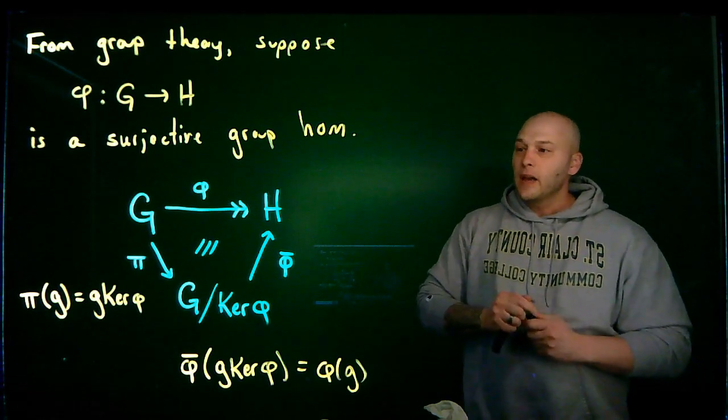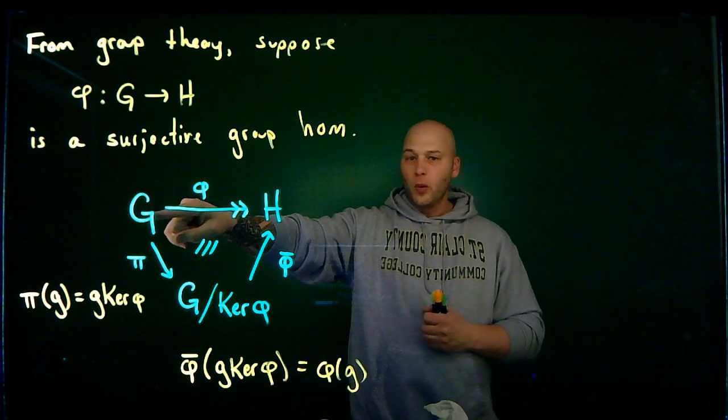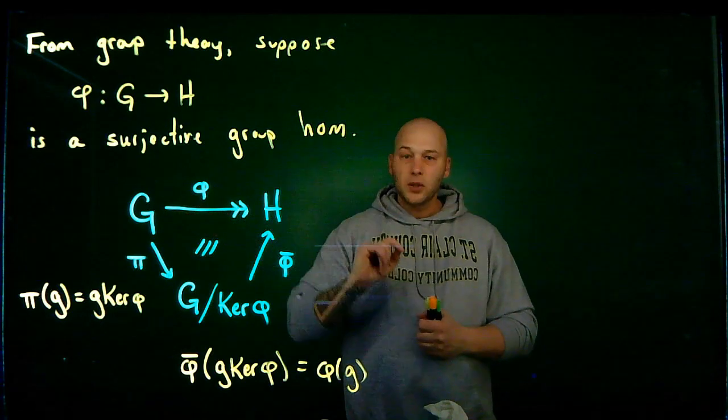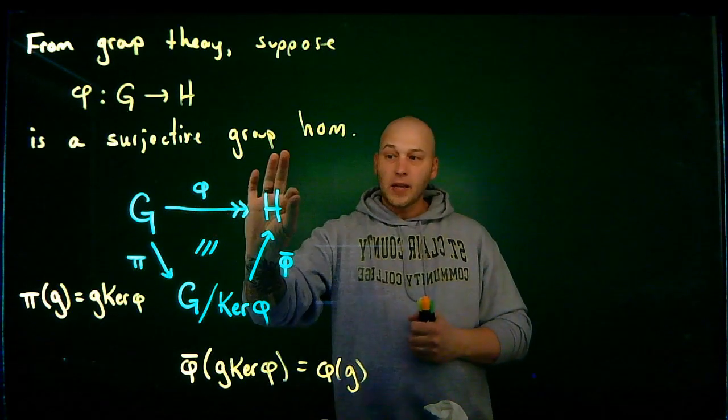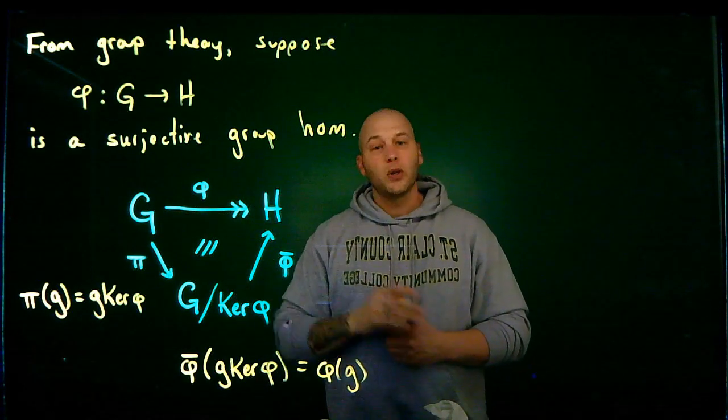Said differently, if I have a surjective homomorphism from G to H, I can show that H is isomorphic to a quotient of G.